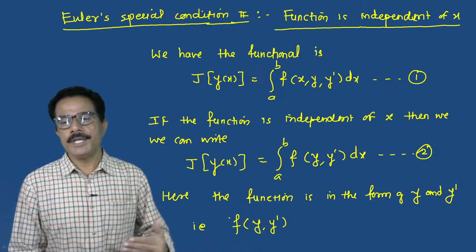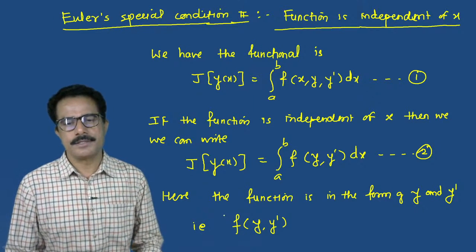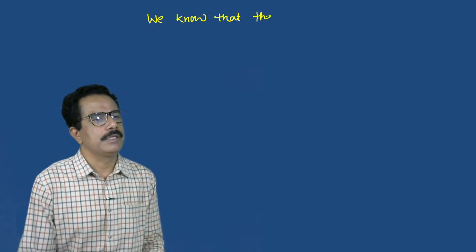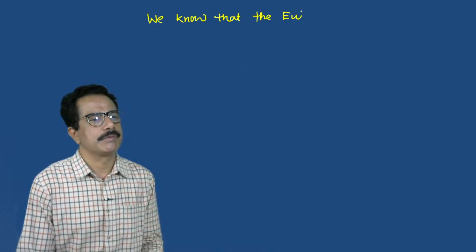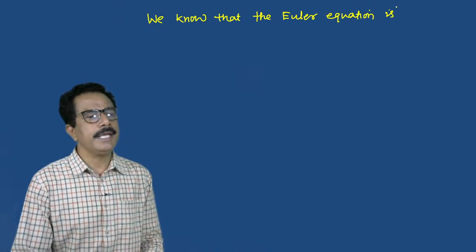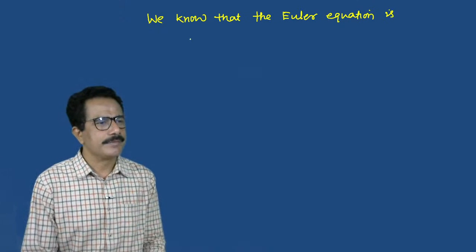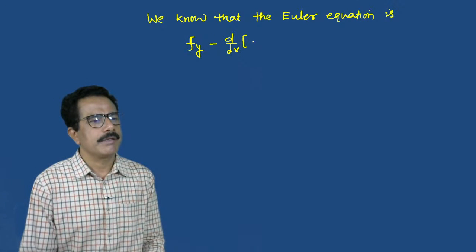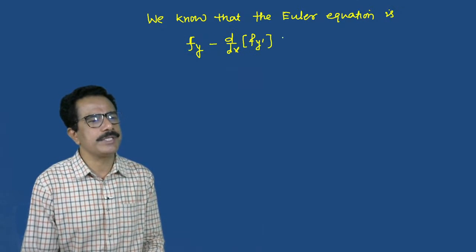Now we know that the Euler equation is F y minus d by dx of F y dash equals 0.